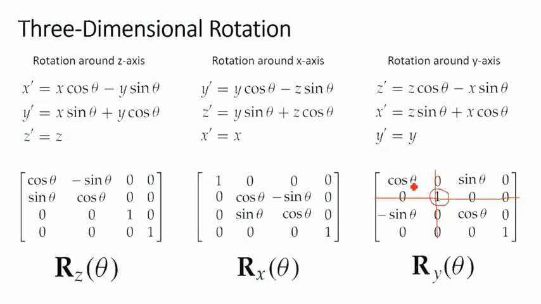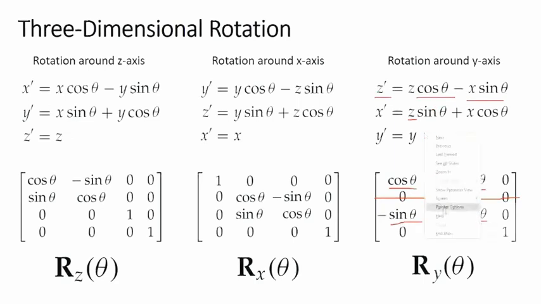Now for x dash, the z element is sine theta, that's why this is sine theta. The x element is cos theta, so that's why this is cos theta. Similarly for z dash, the x element is minus sine theta, so this is minus sine theta, and the z element is cos theta, and this is cos theta.